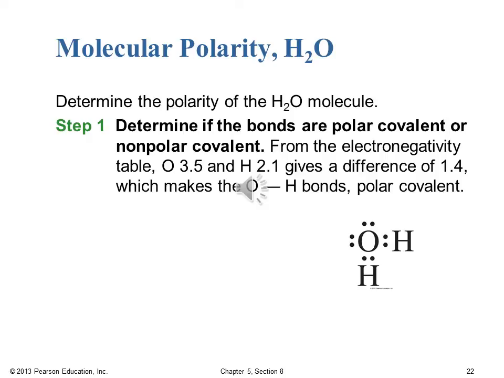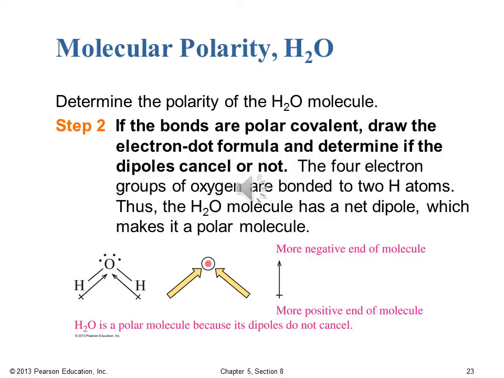So step one, first we'll determine if the bonds are polar covalent or non-polar covalent. And here with the OH bond, we have a very significant electronegativity difference of 1.4. So it's quite a polar bond for each of those OH bonds. Now here in step two, if the bonds are polar covalent, we can go ahead and draw the electron dot formula and see if the dipoles cancel or not.